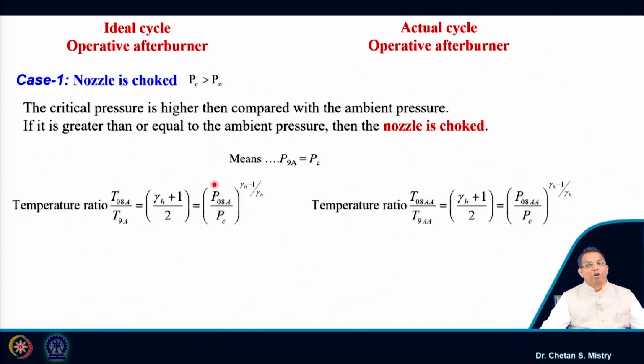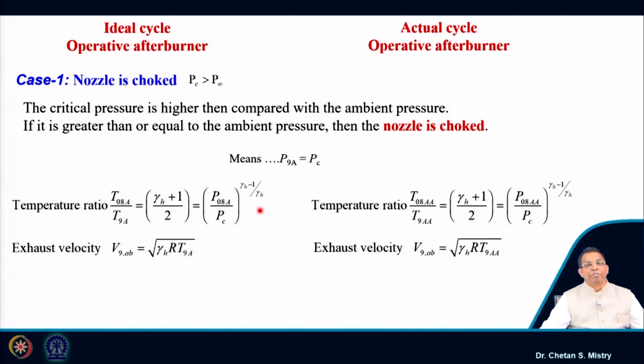Based on that we can calculate our temperature ratio. In both cases we will calculate the temperature ratio. This temperature ratio gives me my exit static temperature. Here for the ideal cycle it is T9A, and here it will be T9AA. We can calculate our velocity here.